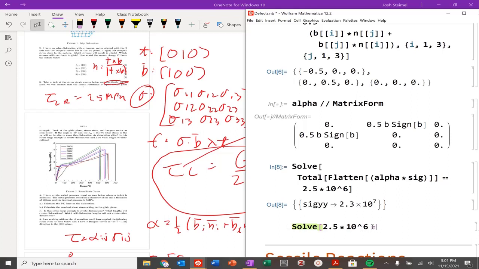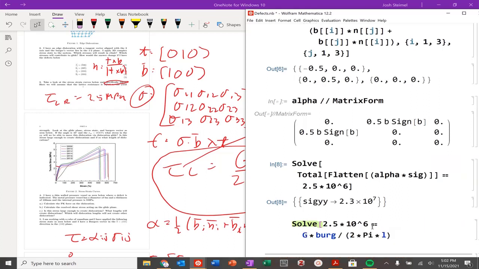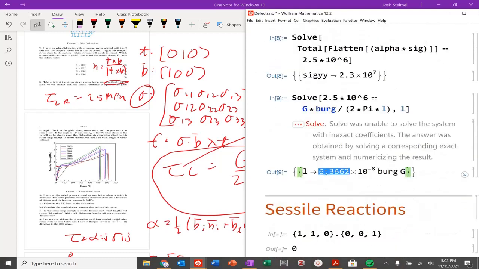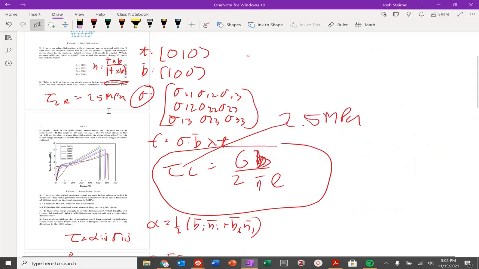Let's say tau c equal to G times B Burgers divided by 2 times pi times L, and let's solve that with respect to L in terms of all those other variables. And you can get those values. So again, depending on the material, these are essentially the length of dislocations that I could create. So there we go. That is pretty much it.